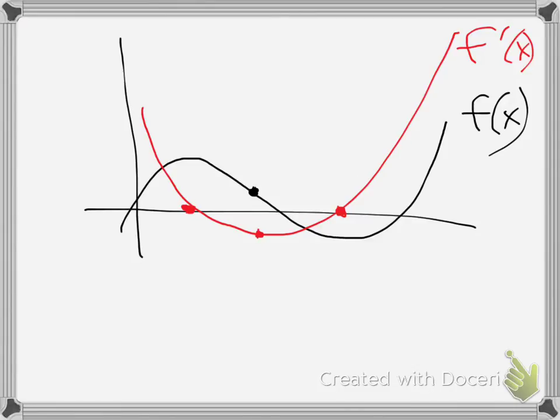Therefore, right at that same x value, so right in between these 2 points, that's going to be a value on my second derivative.